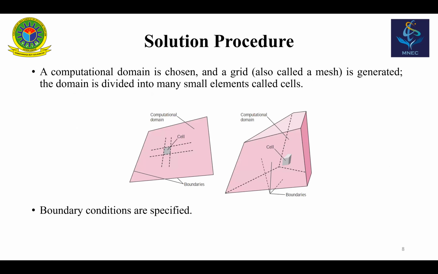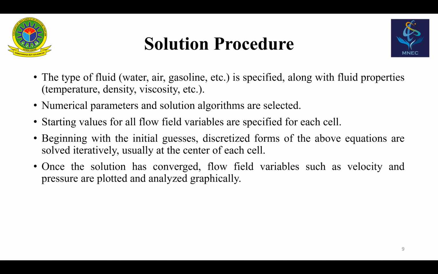So I want to repeat that first we have to discretize the whole computational domain into smaller parts. That means we have to generate some meshes or grids. Then we have to specify some boundary conditions to make our equations more simplified.